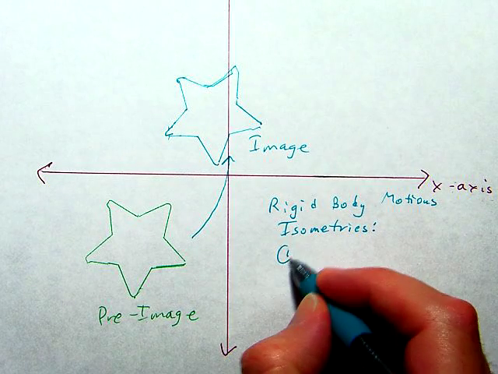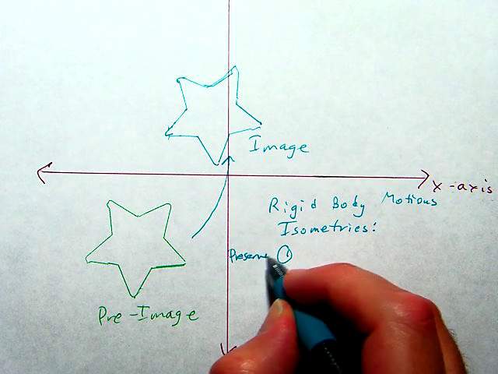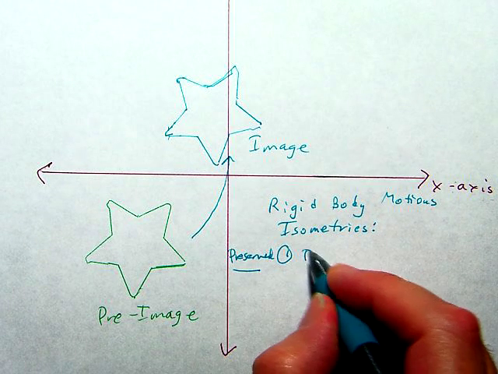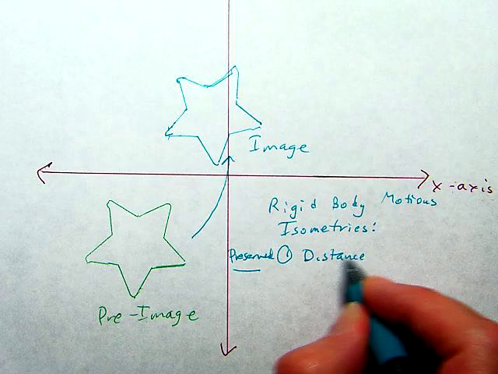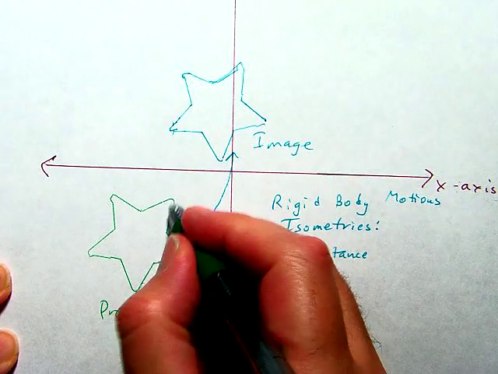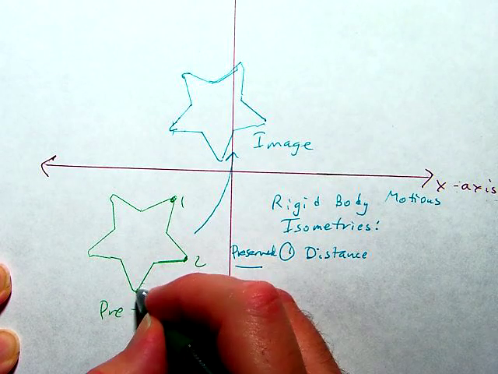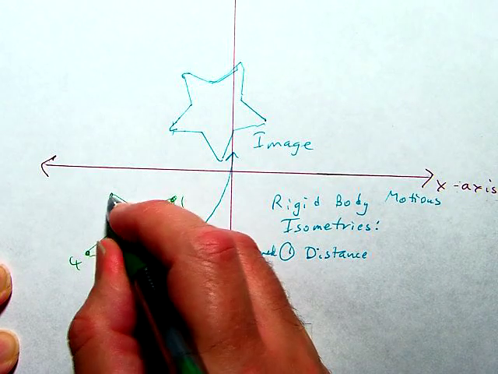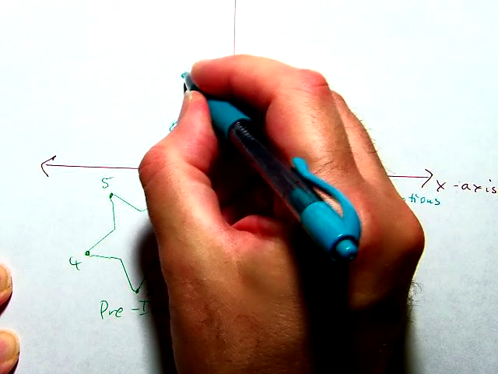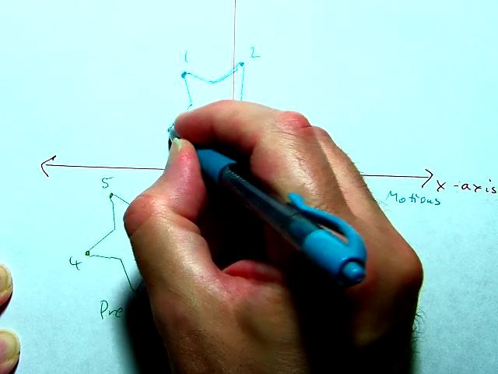So let's take these in turn. The following are preserved in a rigid body isometry. Distance. Okay, so if we number the points of this star 1, 2, 3, 4, and 5, let's say this was 1, this was 2, this was 3, this was 4, and this was 5.